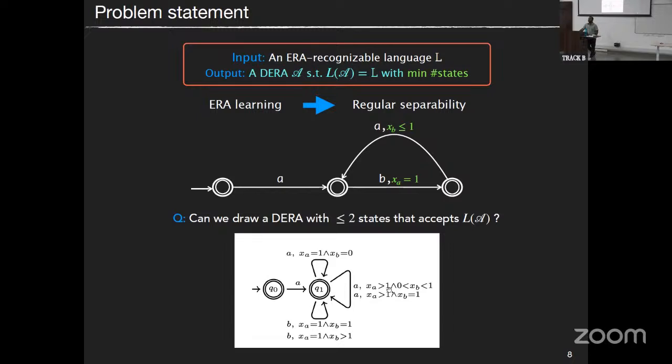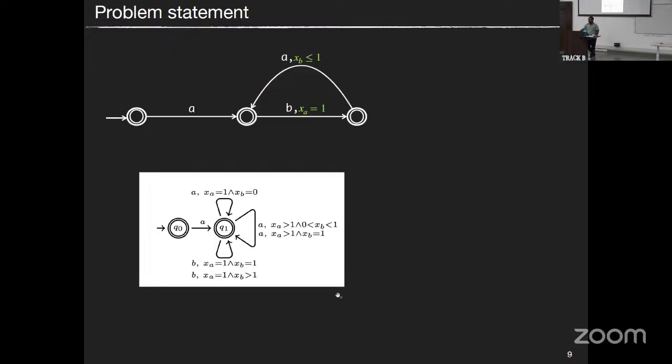Here you see some more elaborate transitions, like guards on the transitions. What happens here is that you can think of this kind of ERA as accepting symbolic words.